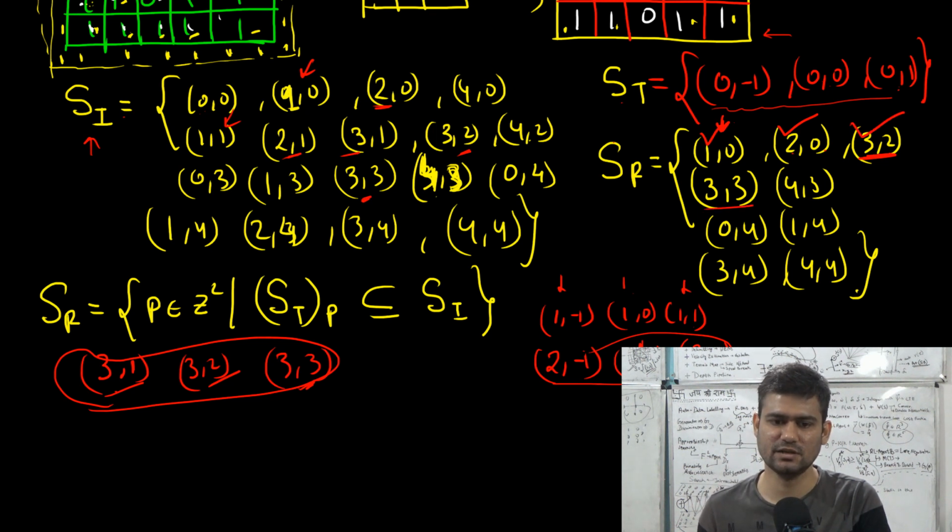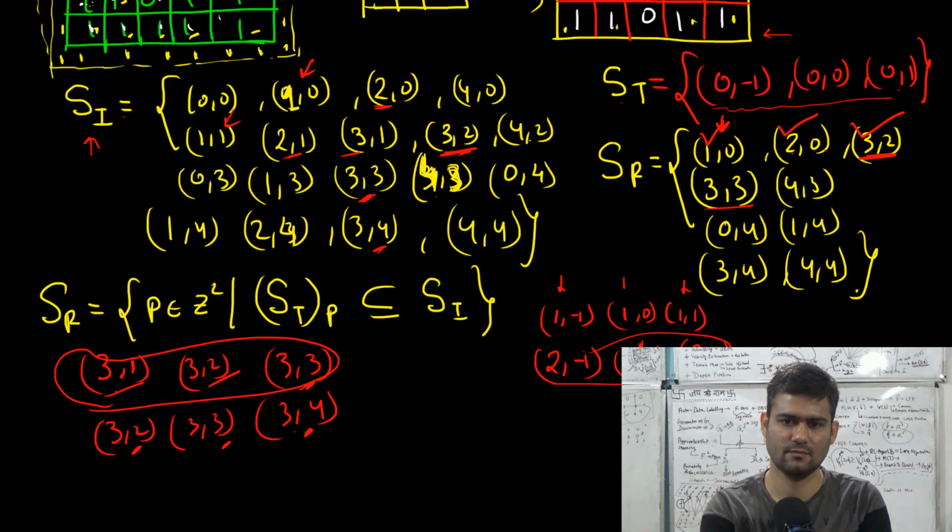Let's check for (3, 3). With (3, 3) we get the set of (3, 2), (3, 3) and (3, 4). So (3, 4) is over here, (3, 3) is again over here, and (3, 2) is over here. So this checks out. Now let's check for (4, 3).